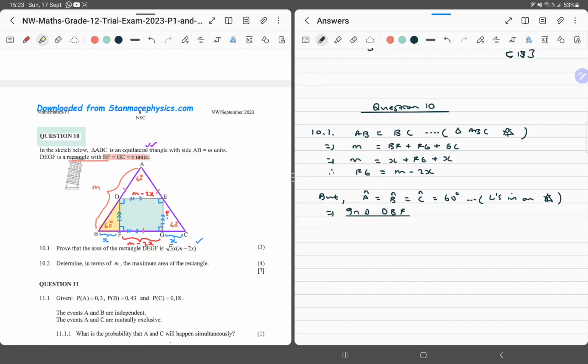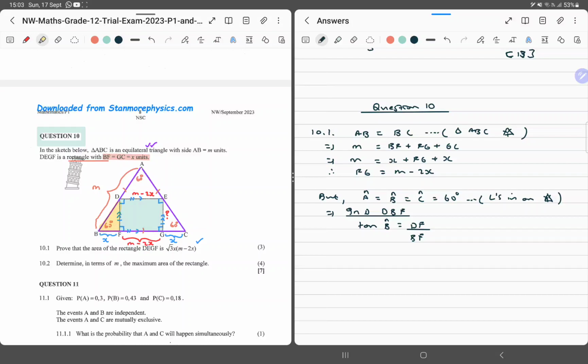What can we say there? We know that the tangent of 60 degrees, okay, maybe let's write it better. The tangent of B is going to be equal to DF over, this is the opposite over adjacent, which is BF. For that one you don't need to provide a reason, it's just a trig ratio in a right angled triangle.